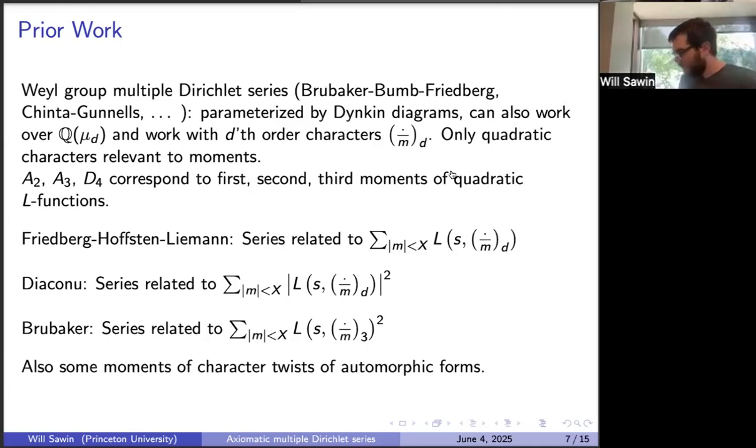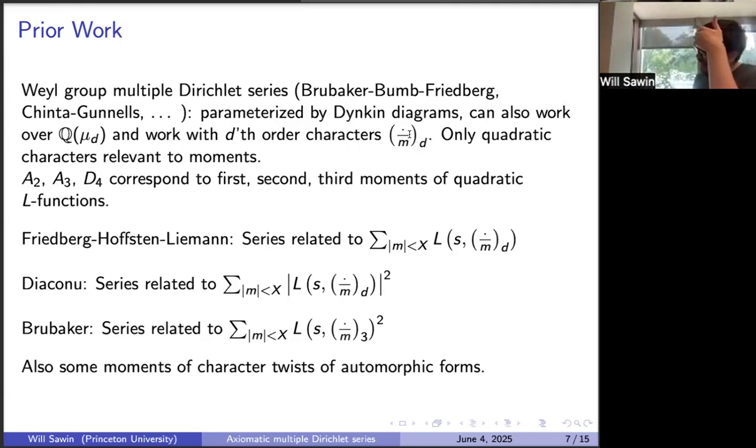They also depend on a choice of characters. You can make them with quadratic characters, but if you work over a field with d-th roots of unity, like a d-cyclotomic field, you can make something with a d-th order power residue symbol, and also with the choice of Dynkin diagram.